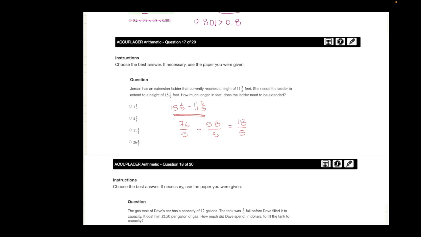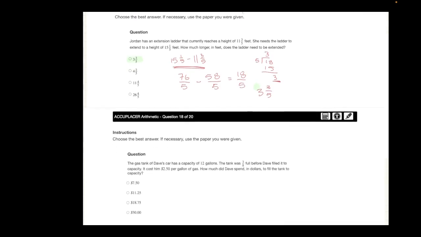And if we convert this back to a mixed fraction, we can just divide. 18 divided by 5: 5 times 3 is 15, remainder 3, so it'd be 3 3/5. Okay, so our answer is 3 3/5.